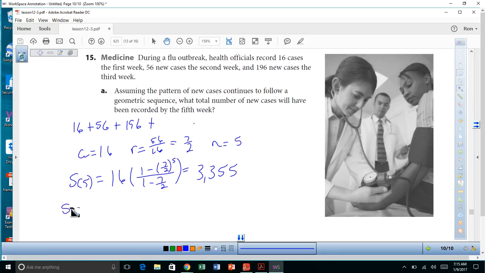So a total of 3,355 new cases will have been recorded by the fifth week.